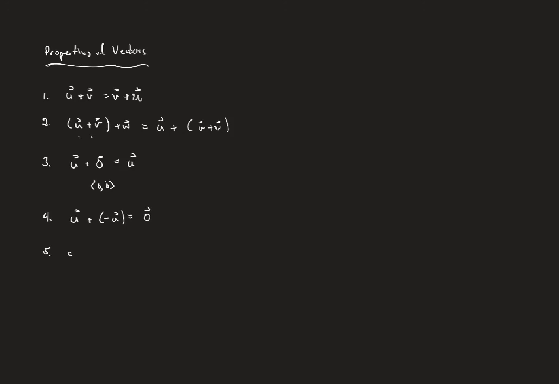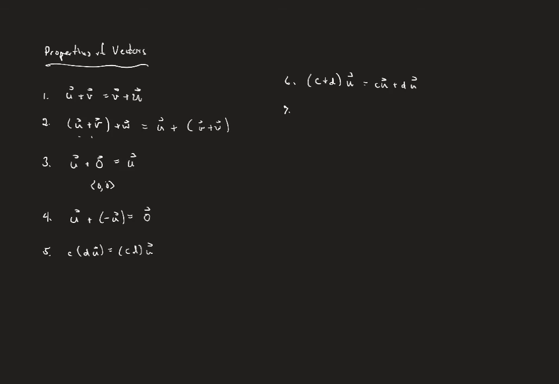Another is if you multiply one scalar times a vector, it's the same as if you multiplied those two scalars together first and then multiplied that by the vector. I don't think that's too surprising. A sixth one is that you can distribute a vector over the addition of two scalars. I don't think that's too big of a stretch either.